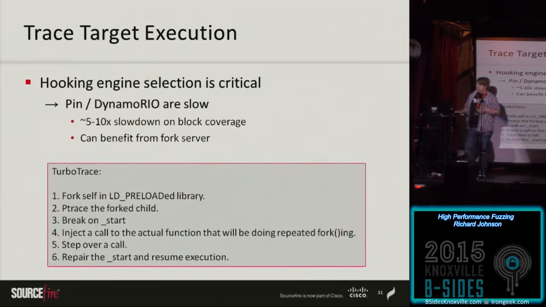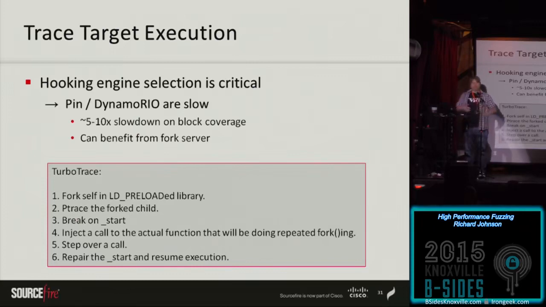the hooking engine selection is highly critical. Pin and DynamoRIO are typically what people go to if they want to instrument a program on the fly. But we wrote something that speeds up Pin and DynamoRIO if you want to use those types of tools in an iterative fashion. So this applies if you're doing code coverage to build a minimum set, or if you're using some of the techniques that I was talking about last year for concolic execution.